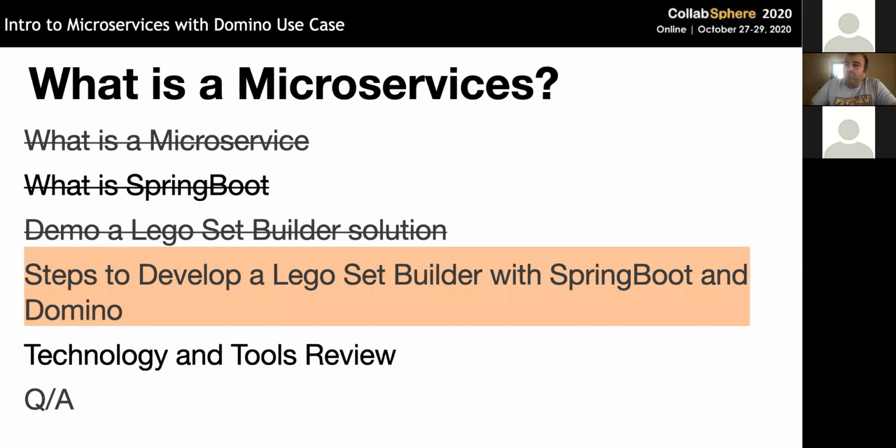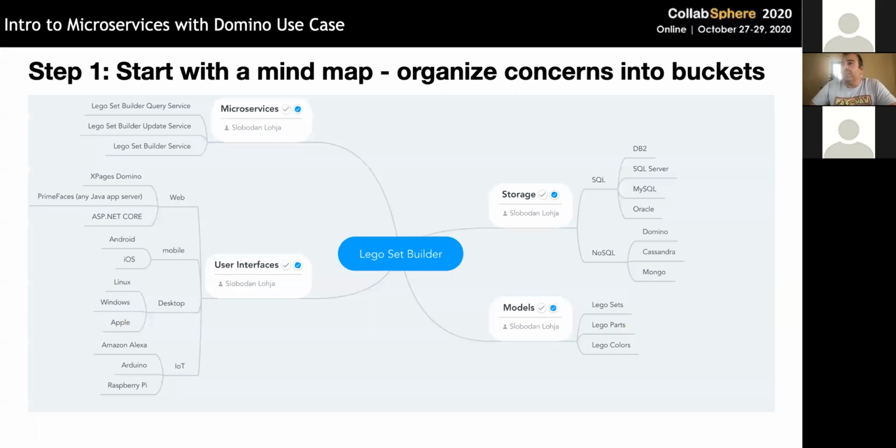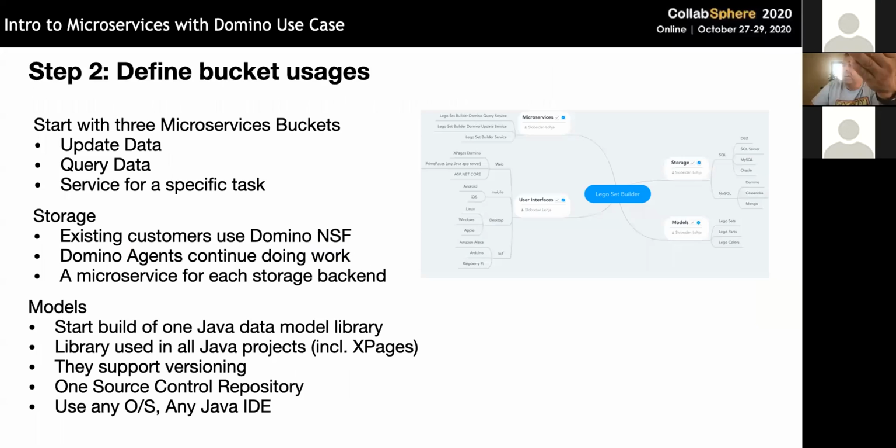Okay, so I kind of told you the steps I was taking. First thing is to get organized, have everything written down. If you're working in a team, it's good to have a picture. That way everyone understands visually, and when everyone looks, that's your verification that everyone understands. Start with 3 buckets: the update service, the query data, and then services for a specific task.